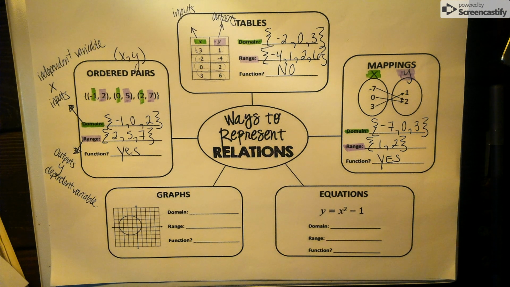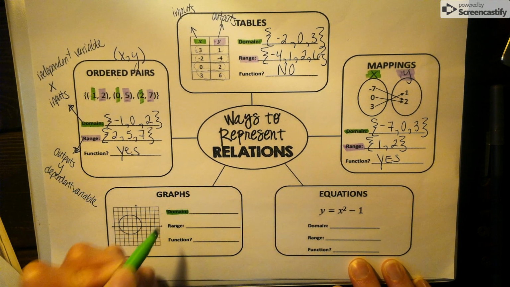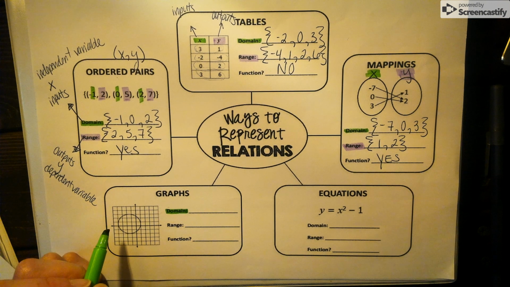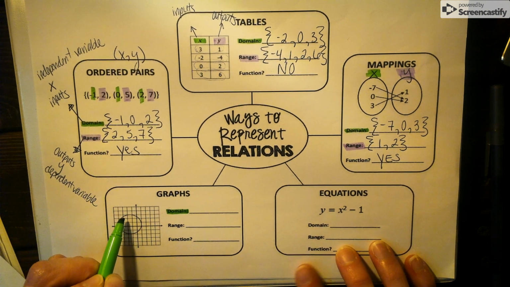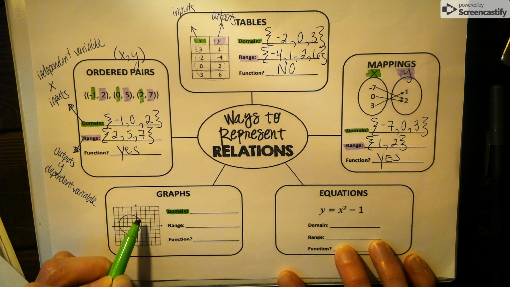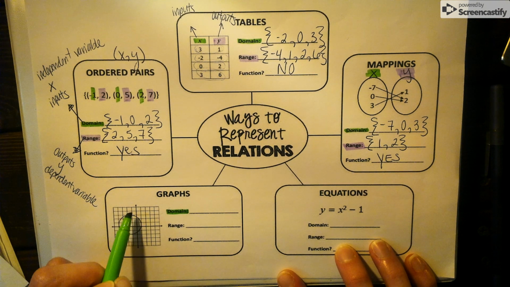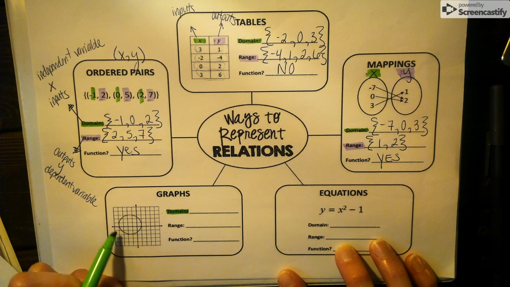When I look at a graph, having a visual is nice. So when I look at my domain, remember domain means X values. So all X values that work. What I want to do is notice with my eyes that the graph that I see here is a circle. Okay, so the picture of a graph on this coordinate plane is a circle.